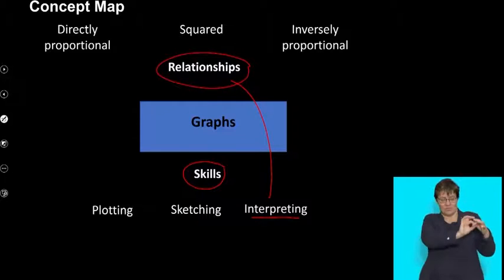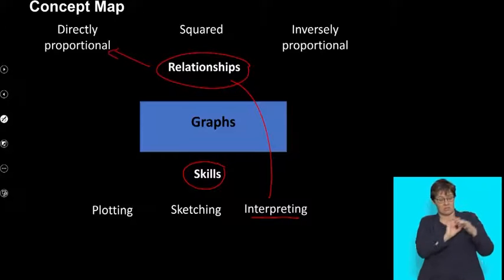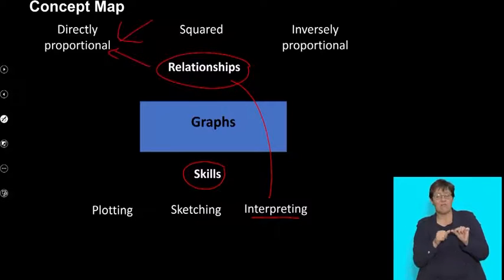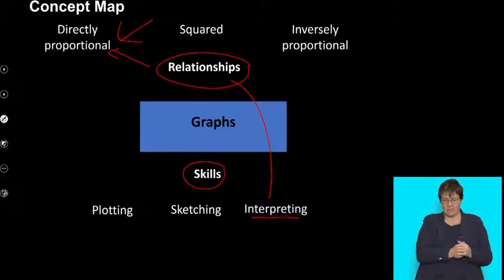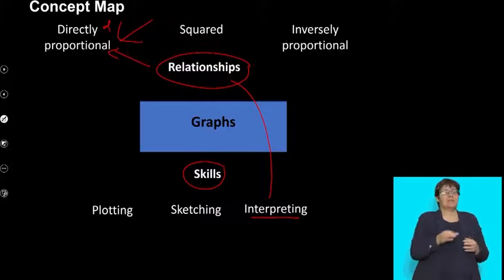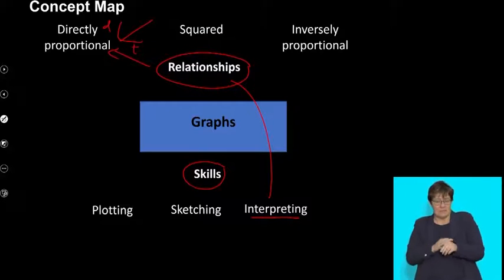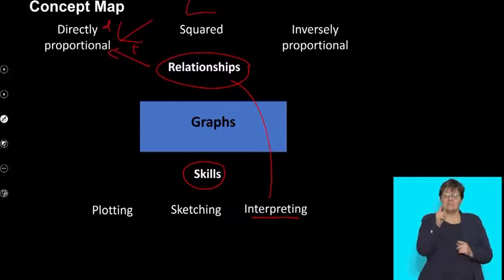The relationships that we've looked at: directly proportional, where the graph looks something like that, where this is going to be a value like distance, this one is time; the squared relationship, where we had kinetic energy against V, and that was what the graph looked like, and then we changed it.